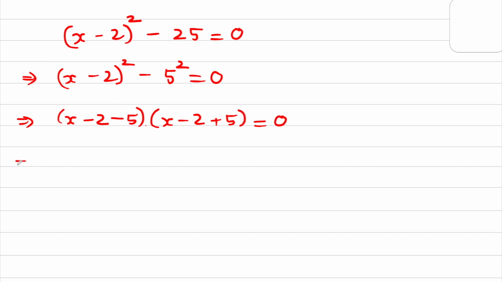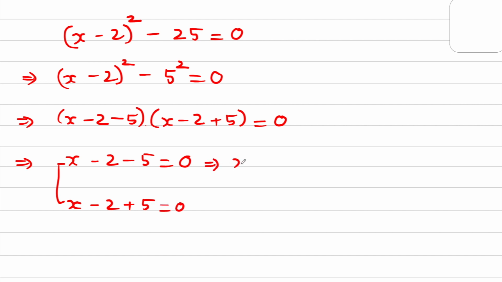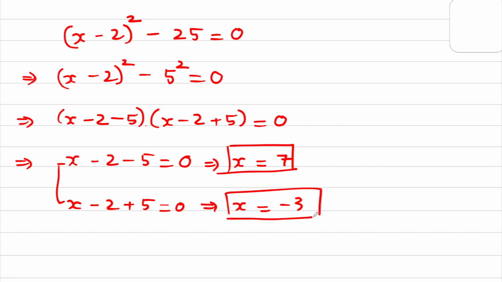Then you set up each bracket equal to 0. x minus 2 minus 5 equal to 0, and the next one is x minus 2 plus 5 equal to 0 here. And this means x equal to 7, and the next one x equal to negative 3. Yes, I think so, negative 3. So two solutions for this question, 7 and negative 3.